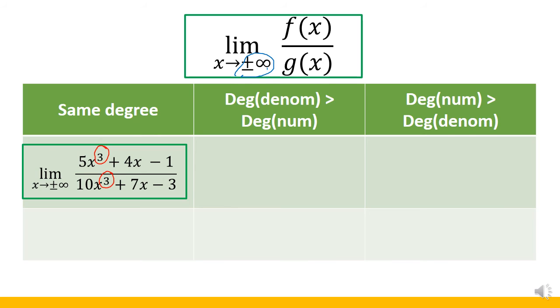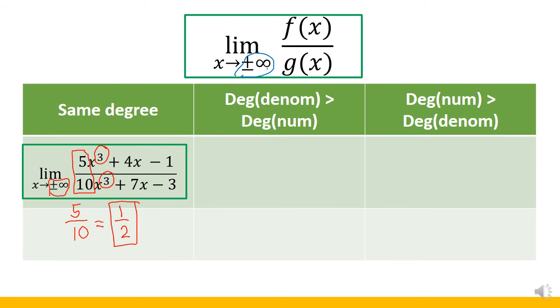For that example, all we have to do is simply consider the coefficients of our variable, regardless whether x is approaching positive or negative infinity. So the answer here will be 5 for the numerator, 10 for the denominator, and then we do a necessary simplification whenever needed. So this one is 1/2. This is the answer to the limit that's given in here.